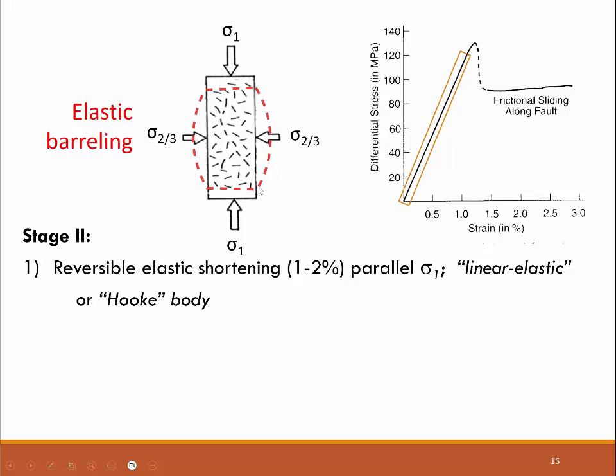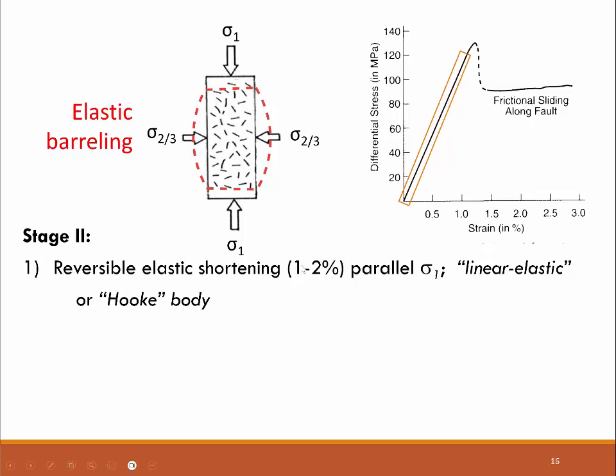This is what we call elastic barreling. The amount of barreling depends on the magnitude of differential stress. So barreling at 80 megapascals in this example will be more intense than at 60 or 40 or 20 megapascals. And barreling will carry on increasing until we reach the yield strength somewhere up here.